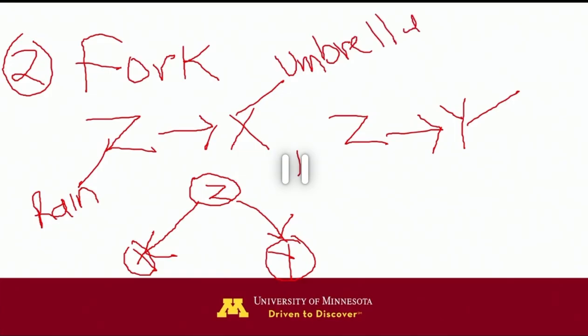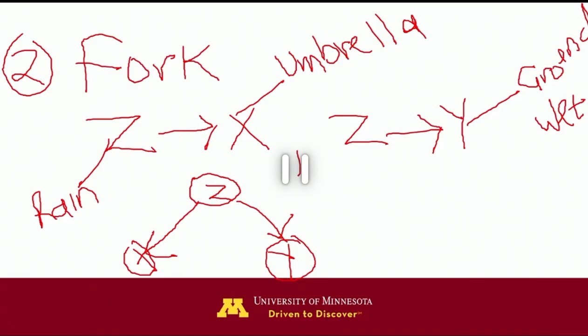And rain also causes the ground to be wet. If there's any relationship between carrying umbrella and the ground being wet, that relationship is spurious, because that very relationship was caused by the common cause of rain.